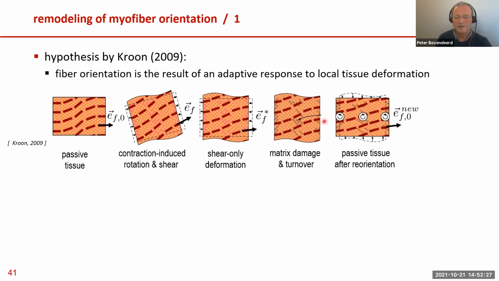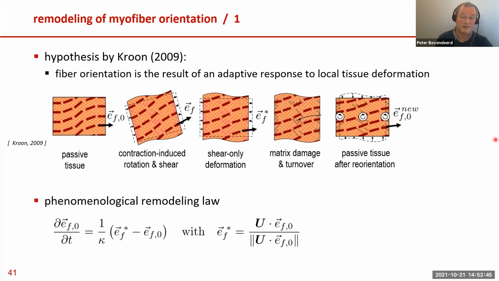So the effect of this whole process is that the orientation of the fibers in the active state is frozen into the orientation in the passive state. And we model this with a simple evolution law that says that the orientation of the fibers in this passive state approaches the orientation in the active state.